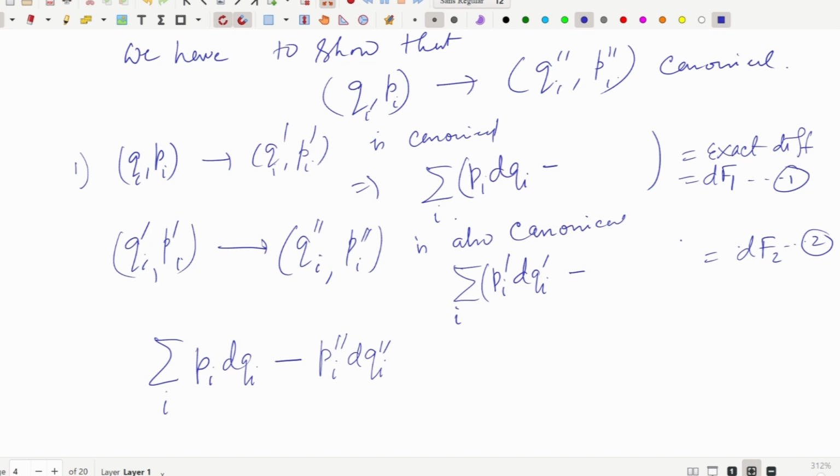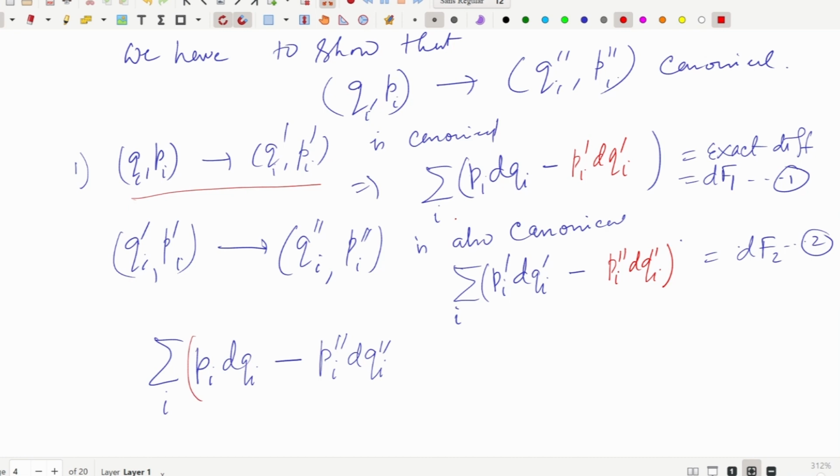Look at this, let me explain. (qi, pi) to (Qi', Pi') is canonical. So Pi dqi minus Pi' dQi' will be an exact differentiation. Similarly, (Qi', Pi') to (Qi'', Pi''), so Pi' dQi' minus Pi'' dQi'' is also an exact differentiation. Okay. So this correction you should make.